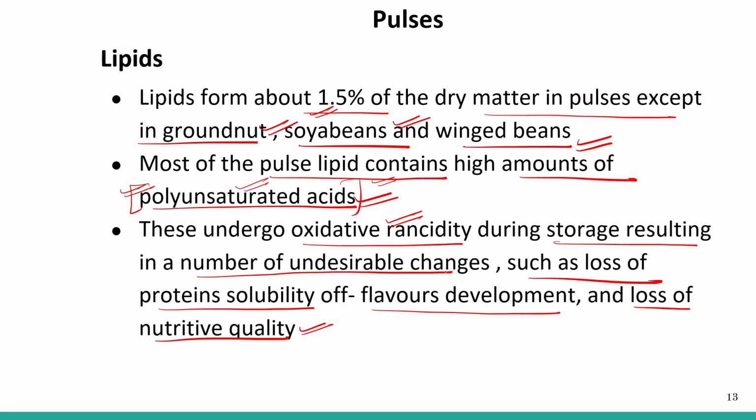They get easily rancid, meaning they get oxidized during storage, resulting in undesirable changes: the protein becomes insoluble, the flavor is not so good, and the nutritive quality also gets degraded.